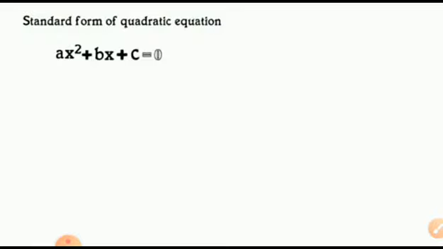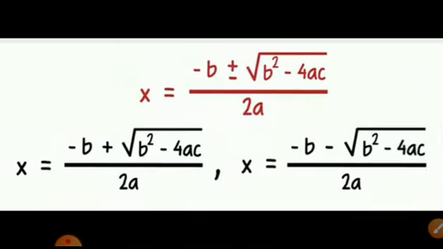The standard form of a quadratic equation is ax square plus bx plus c equal to 0. We have seen that by the formula method we get x equal to minus b plus or minus root of b square minus 4ac by 2a.